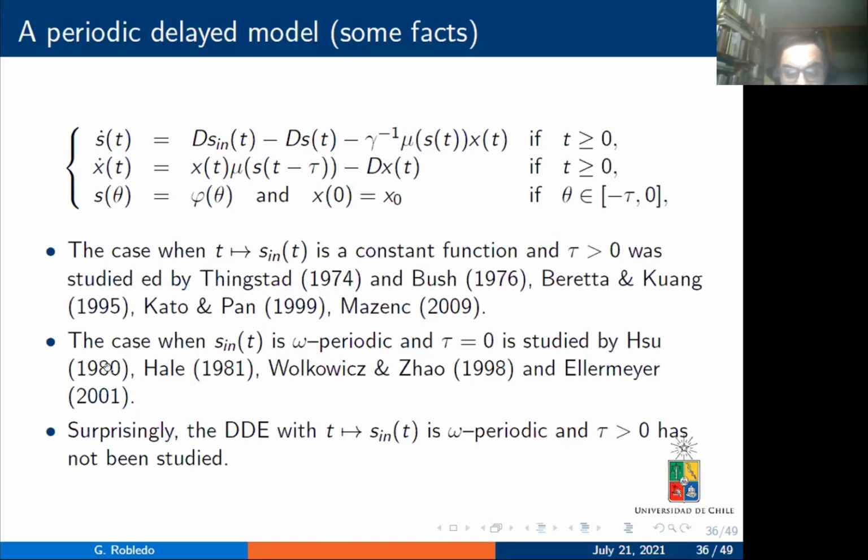The first work is a numerical analysis made by Su. The other ones are proofs of global stability of a periodic solution. Nevertheless, surprisingly, there exist no results considering delays and periodic inputs of nutrients. Our work can be seen as a contribution in this sense.